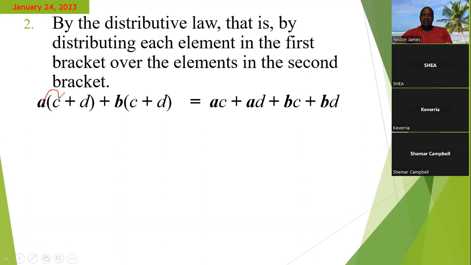So we'd have AC plus AD plus BC plus BD. And so you see, we still have the same result. So this is just an alternative way of how to carry out the expansion.